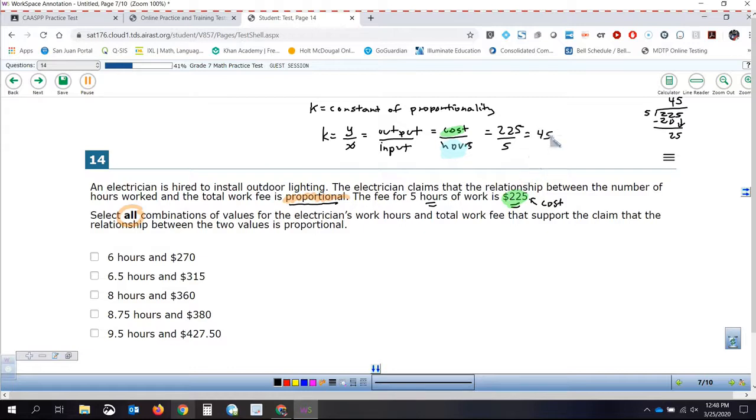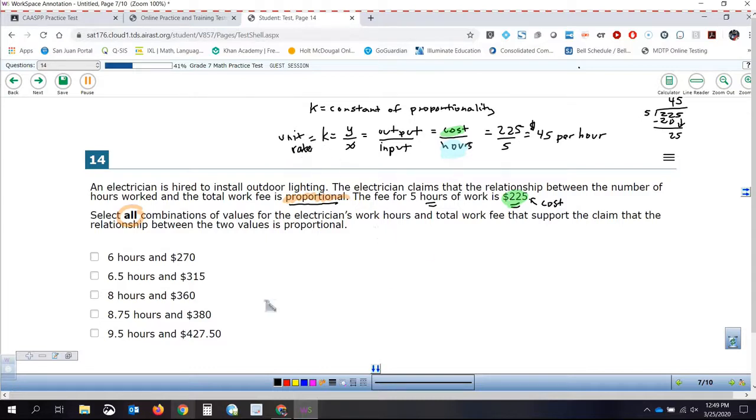Well, what does that mean? That means that the electrician is charging $45 per hour. It just happens to be what we call the unit rate, because when we find the value of k, that tells us the unit rate.